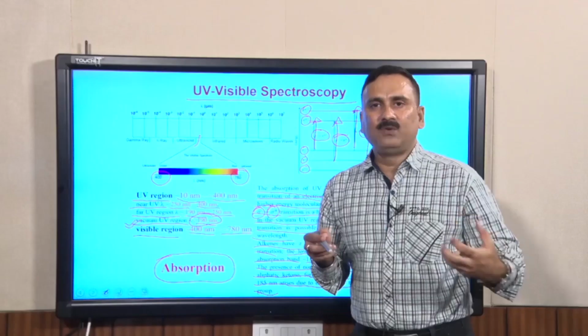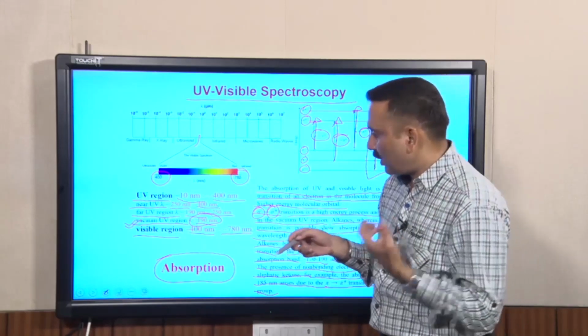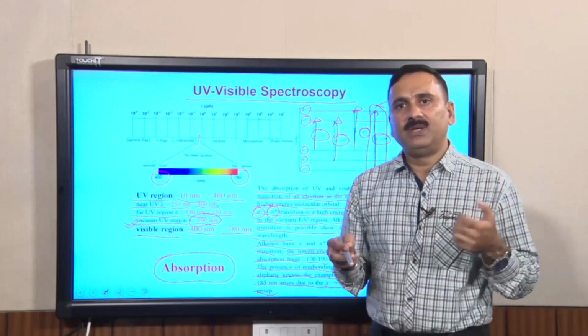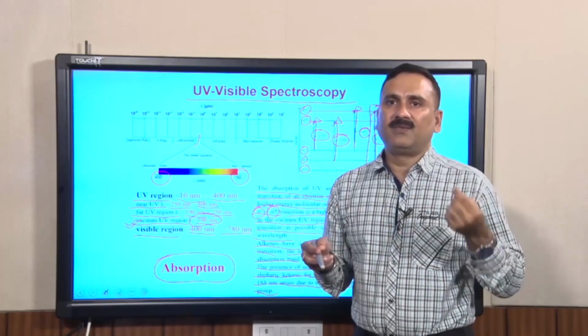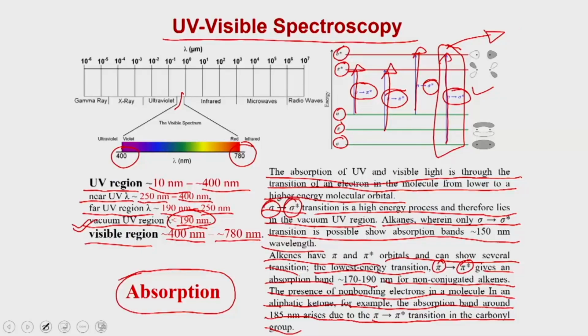So, if you have to make a device which can map the absorption phenomenon, you need a couple of components. What you need is a light source, right. If I have to prepare an instrument which could tell me whether the molecule is absorbing or not, I need a light source, and I need a sample holder, where I can keep my sample.